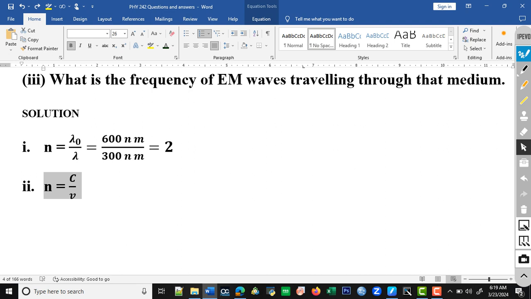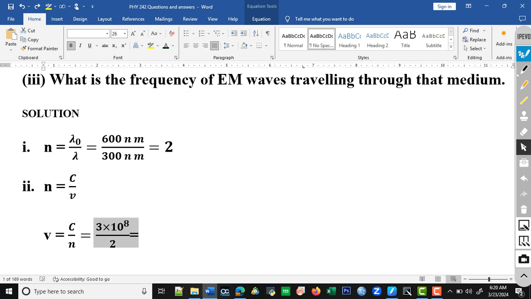So we already have n, and we know that the speed of light in a vacuum, c, is a constant. So we are now going to find the unknown value, v, the speed of light in the material. We make v the subject, and this is our new expression.